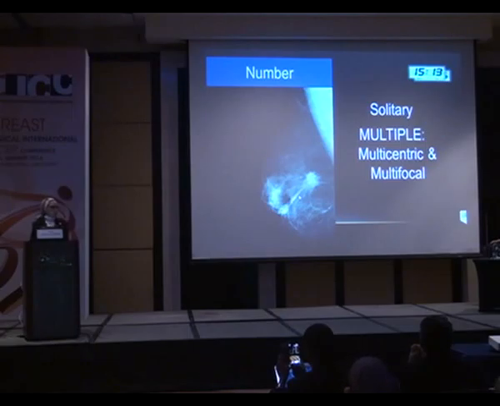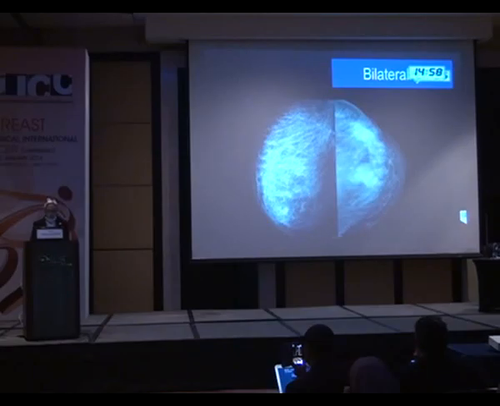This is very important because the management protocol will differ. When having multifocal carcinoma, it can be treated by conserving surgery, but multicentric carcinoma would be treated by mastectomy. So it's very important to comment on this.